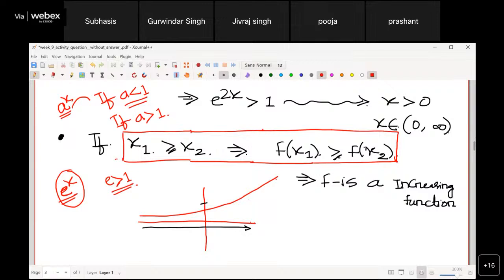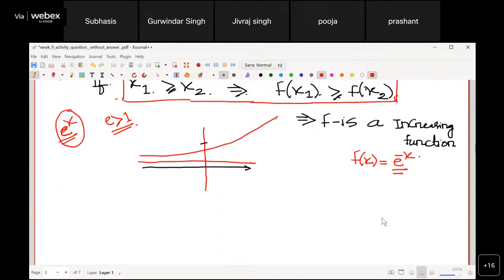If it is e to the power minus x, then sir, it will decrease. Correct, it is a decreasing function.